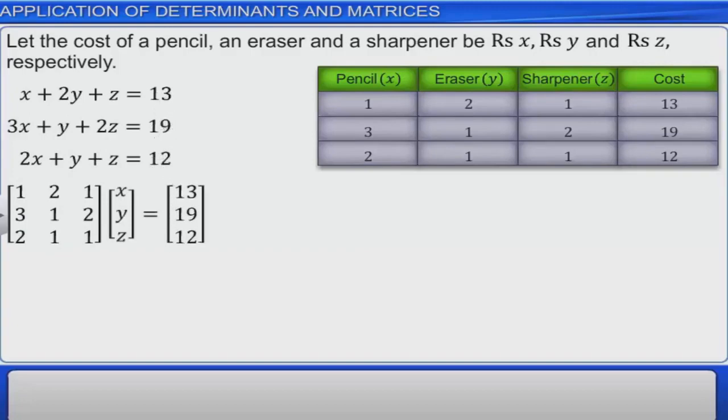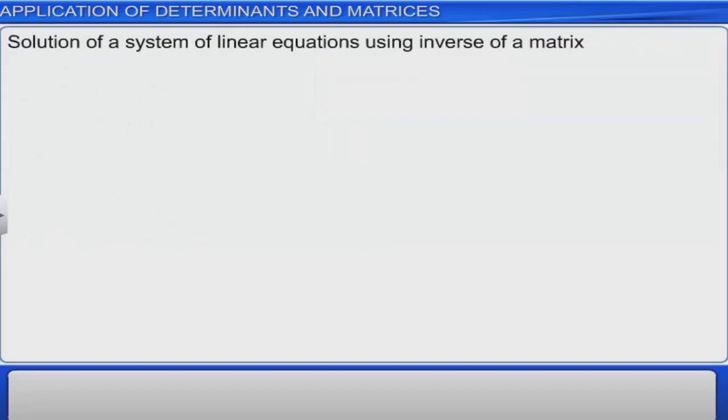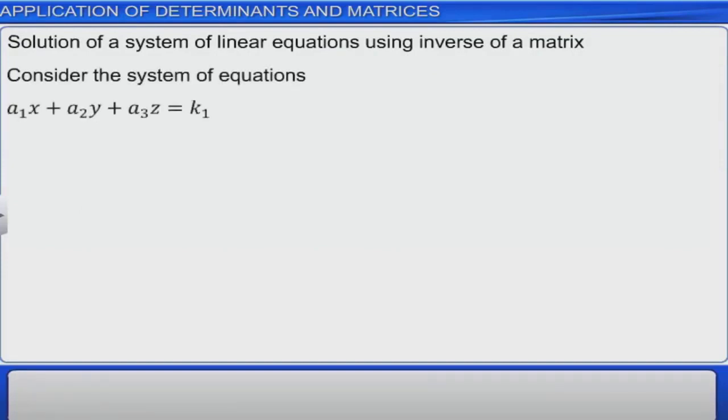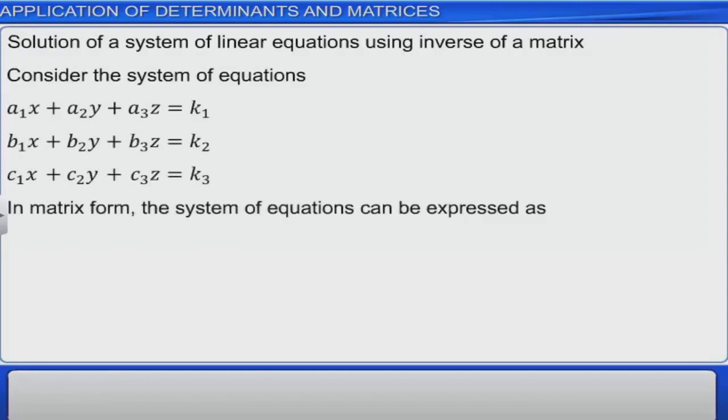Let's now learn to solve such systems of linear equations using the inverse of the coefficient matrix. Consider the system of linear equations in 3 variables as shown. In matrix form, this system of equations can be expressed as shown here.